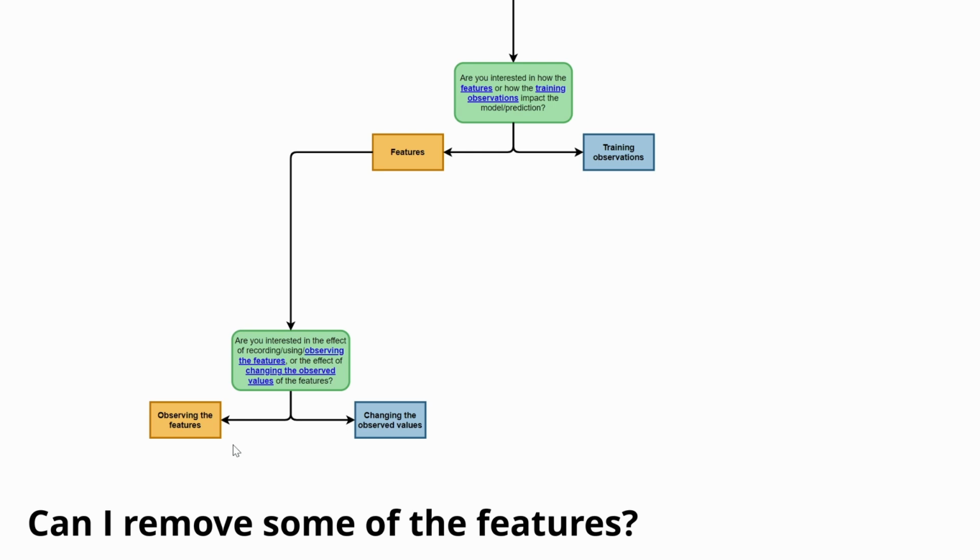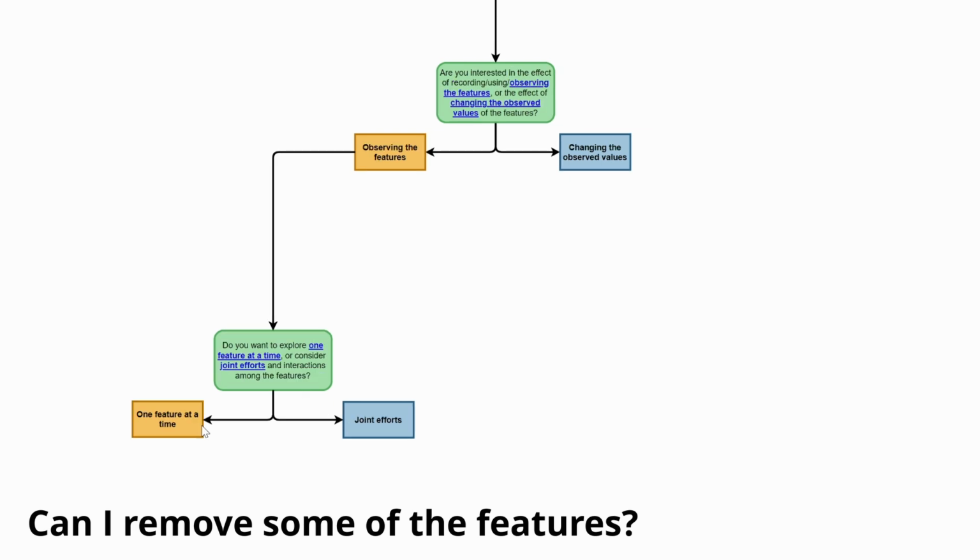We then carry on to a slightly deeper question of whether we are interested in the effect of removing the features or changing the values of the observed features. Since we are looking at feature removal, left is the appropriate choice here. The next question is whether we want to consider features one by one or their joint contribution.